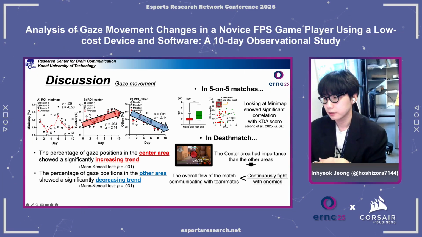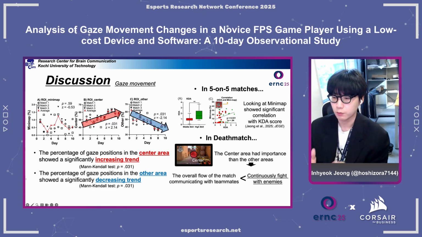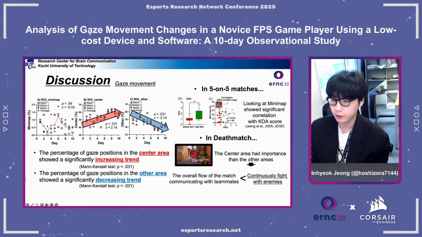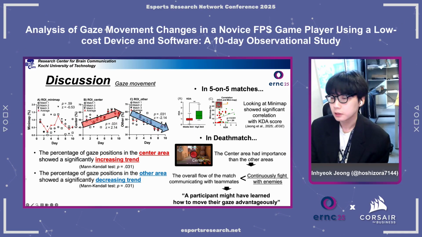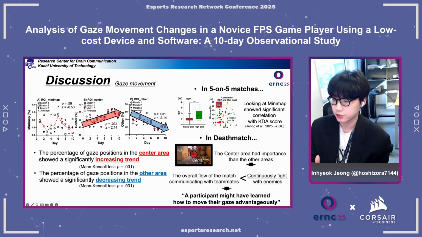So I think continuously fighting with enemies is more important than the overall flow of the match and communicating with teammates. So that's why I think the result is opposite. So I think the participant might have learned how to move their gaze advantageously throughout the 10 days of practice.